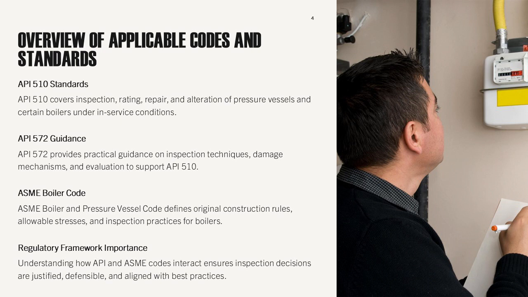The ASME Boiler and Pressure Vessel Code, particularly Sections I, IV, and VII, defines original construction rules, allowable stresses, and recommended inspection practices. Inspectors must understand how these documents interact, as API standards generally apply to in-service conditions while ASME governs design and construction intent.